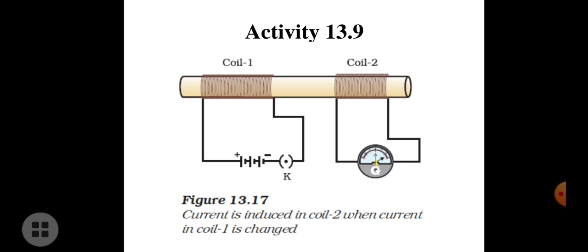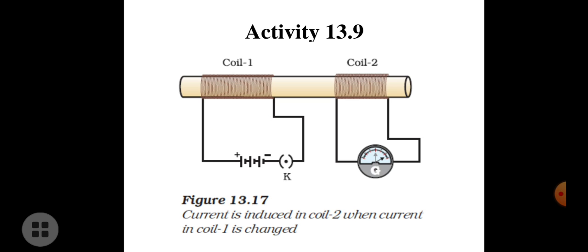Now, when we switch off the circuit and open the key, initially the current was maximum, but when the key was opened, the current goes from maximum to 0 value. As the current decreases, the magnetic field lines also decrease from maximum to 0 value.